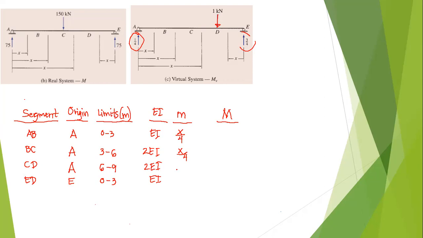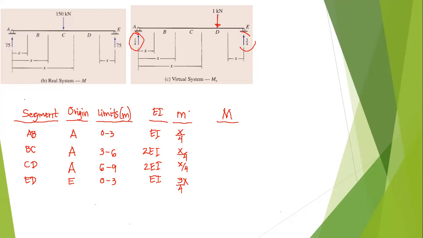For segment C to D, again, we have 1/4 times x, or x over 4. However, our moment expression, small letter m, for segment DE would be equal to 3x over 4, that is 3/4 of x.